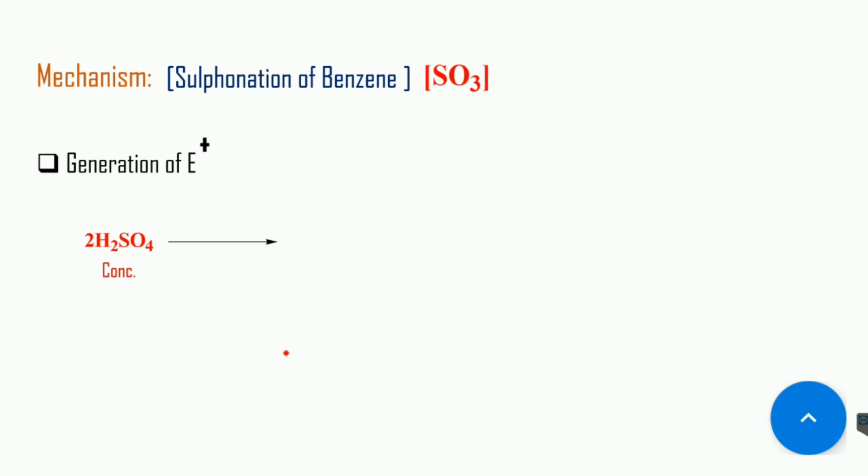Now what will happen? A thermal dissociation will take place because it's a concentrated acid. We get different ionic species from the thermal dissociation of 2 moles of H2SO4, like H3O plus, then HSO4 minus, and also SO3.